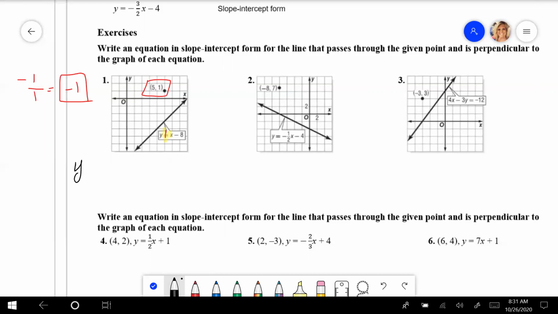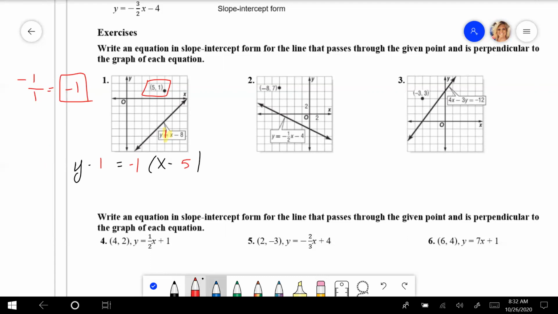So I'm going to have y minus y1 equals m times x minus x1. My new slope is going to be -1. My x1 point right here is going to be 5. My y1 point is going to be 1. Now, are there any minus and negatives?